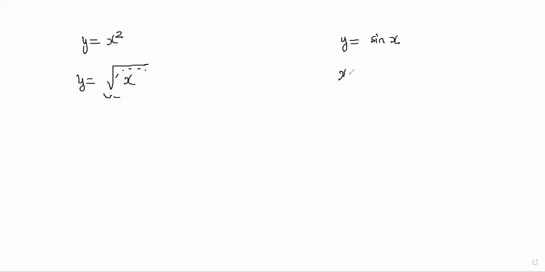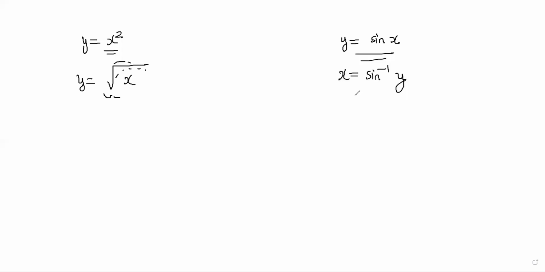This is to the power what? This signifies half, no? Yes, sir. So you are doing the opposite operation. Here you were doing x square, now you're doing x power half, right? You are reversing this operation, no? Yes, sir. The same thing is signified here.